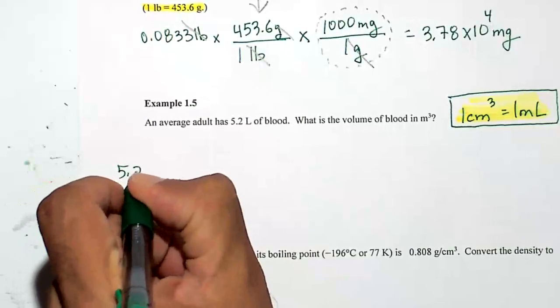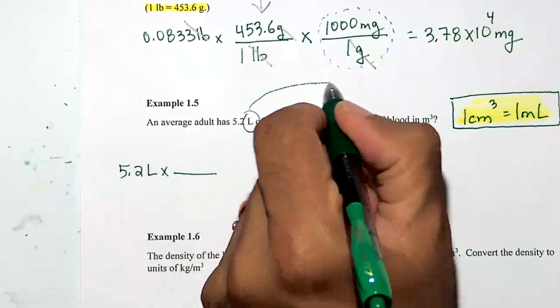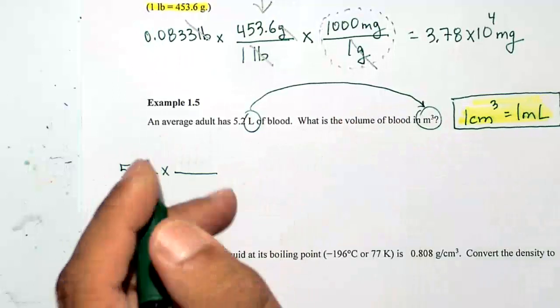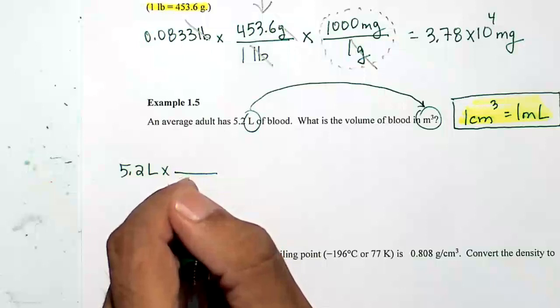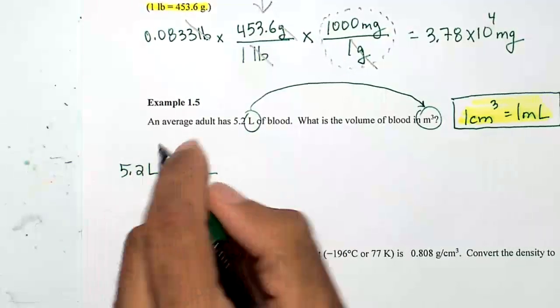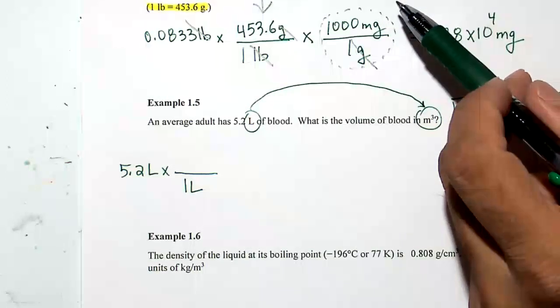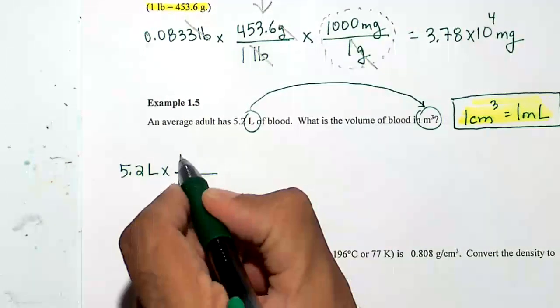All right, so we have 5.2 liters of blood, and we want it in meters cubed. How will we do that? We know that 1 liter has how many milliliters? If 1 gram is 1,000 milligrams, 1 liter is how many milliliters?